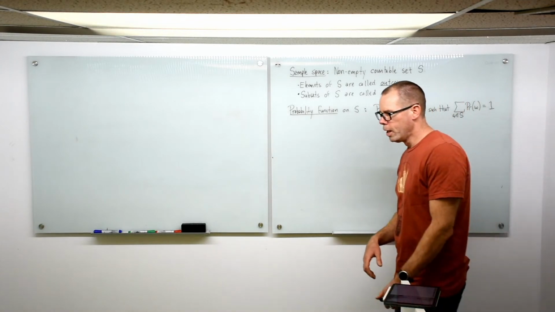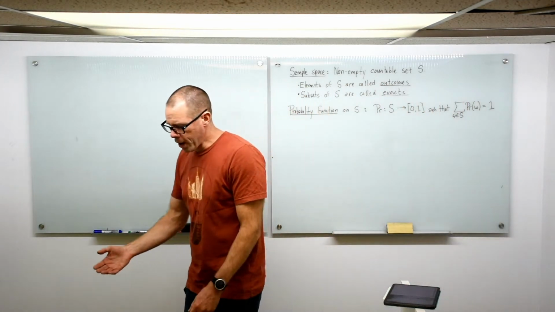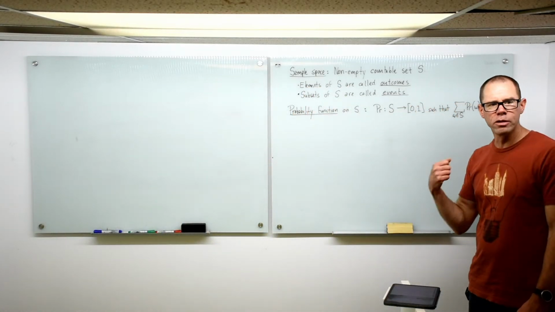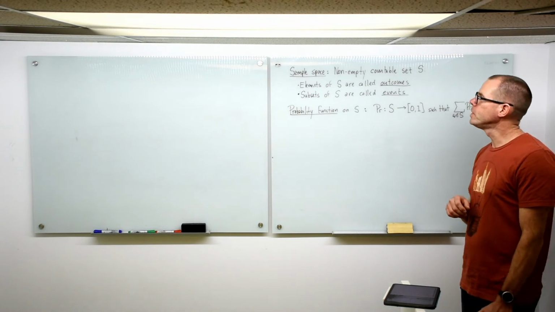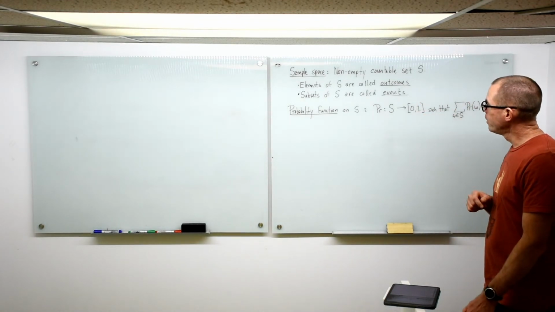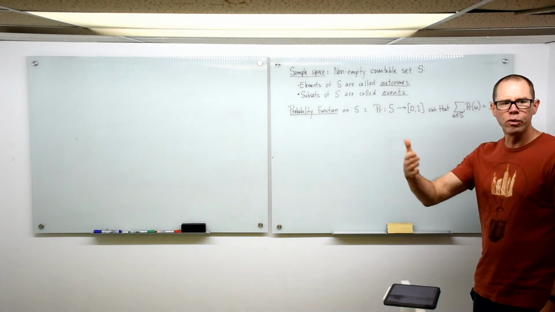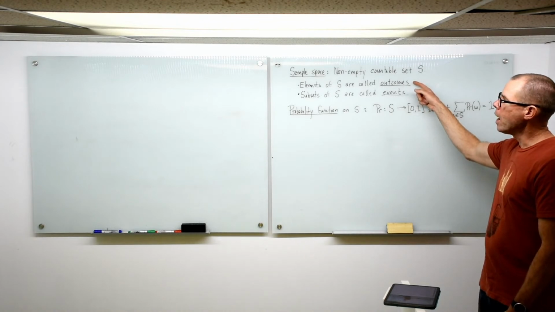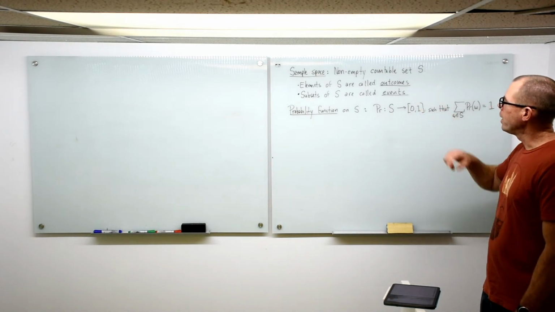So for example, if I pick a random integer from 1 to 10, then the set S is just the integers 1, 2, 3, 4, 5, 6, 7, 8, 9, 10. Each of those integers is an outcome, and any subset is an event.